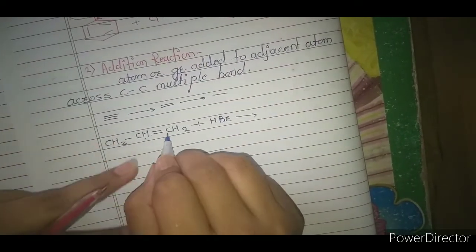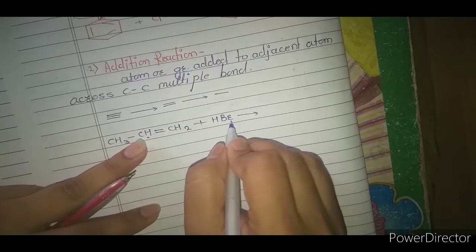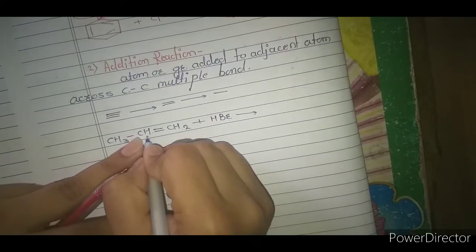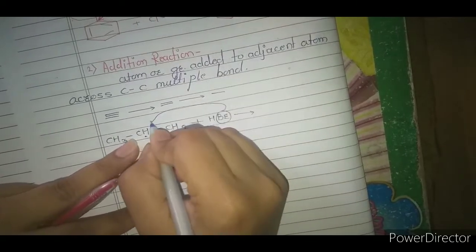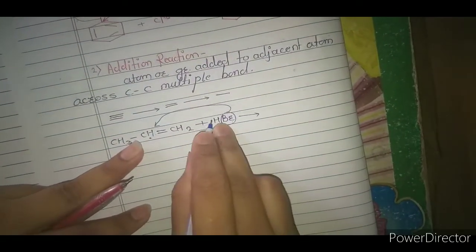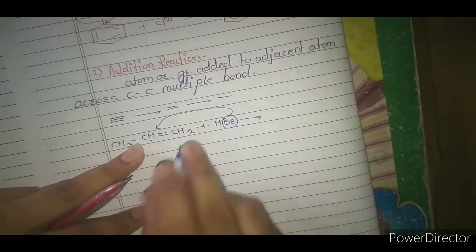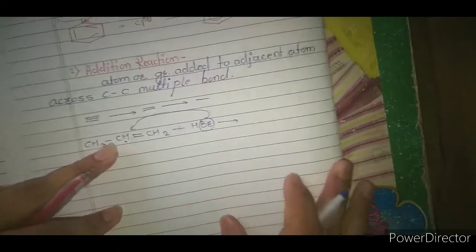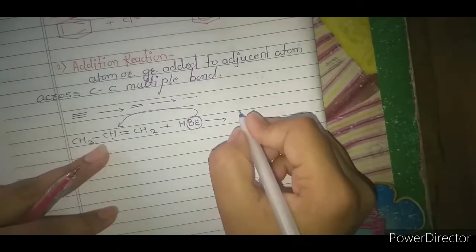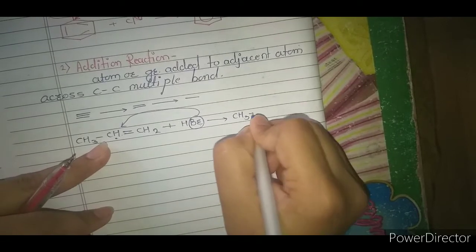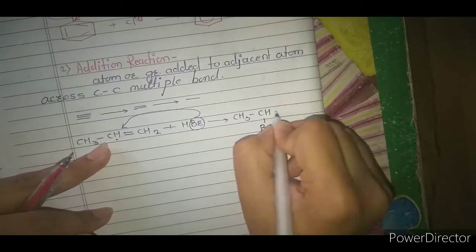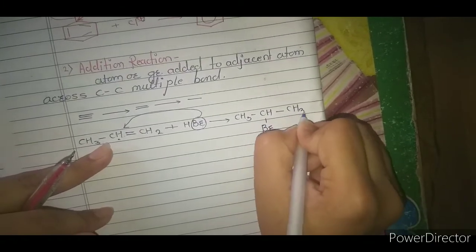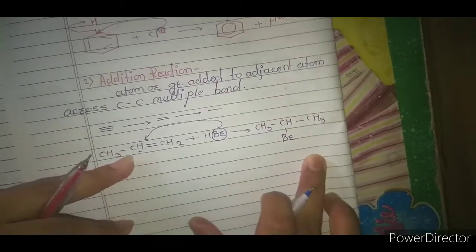So in this compound, this carbon contains fewer hydrogen atoms. That's why this nucleophile attacks on this carbon atom, and this hydrogen attaches to the carbon that contains the higher number of hydrogen atoms, and it forms this product. Okay.